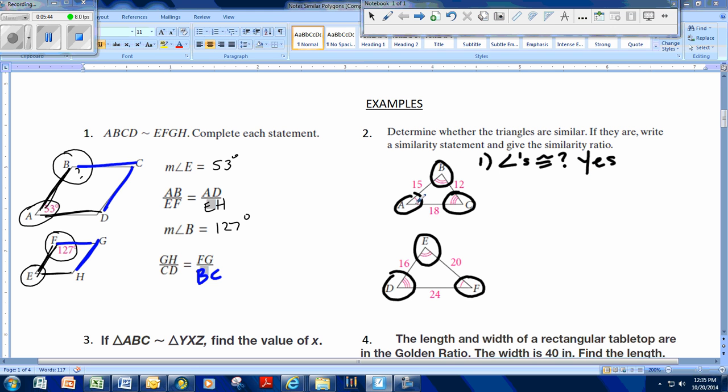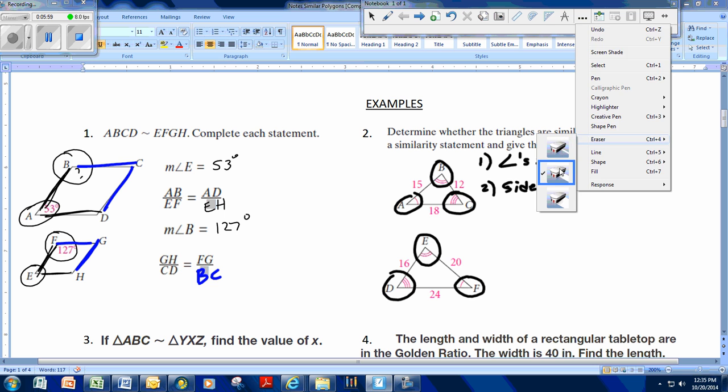If that was a no, if one of them didn't match up, then the shapes are not similar. So now we can continue. Okay? Now let's talk about the sides. Are the sides proportional? So what we're going to do here, let me clear this off here.